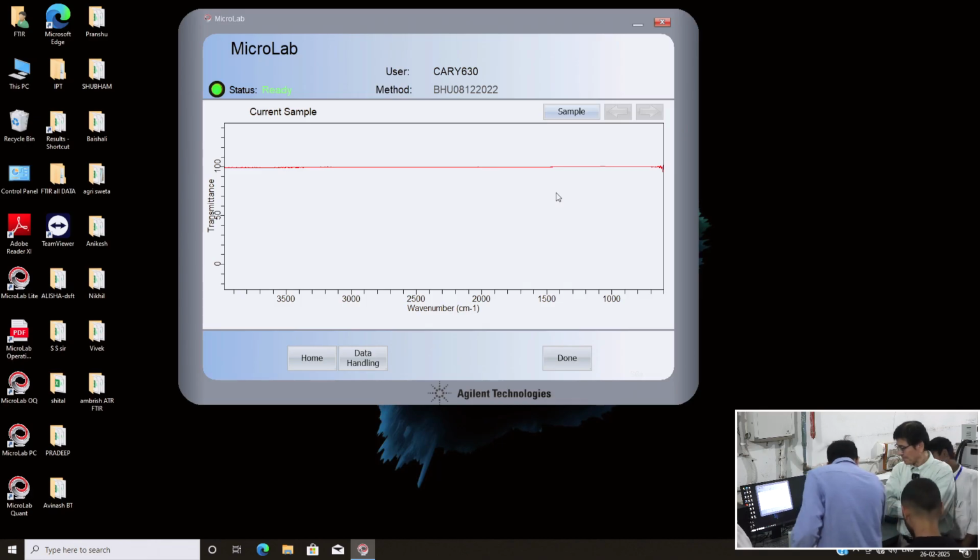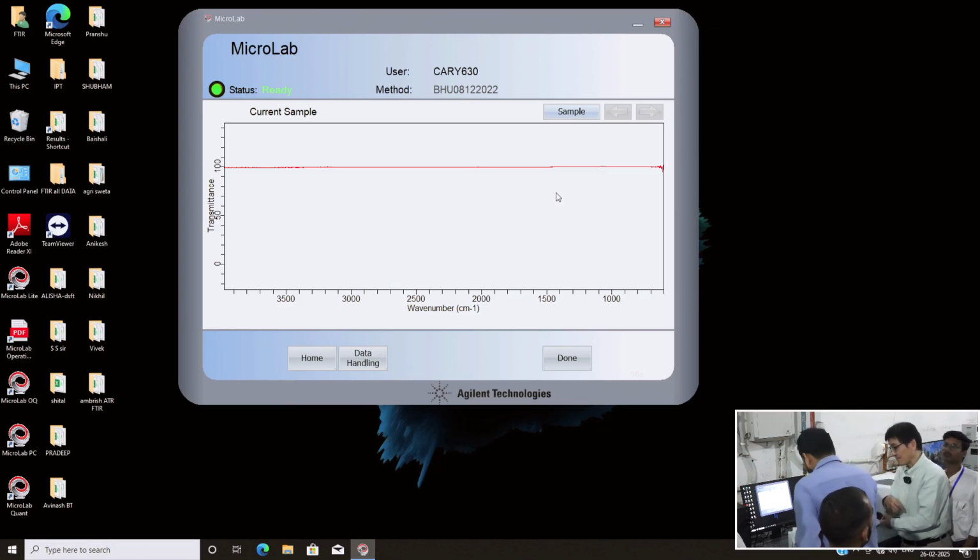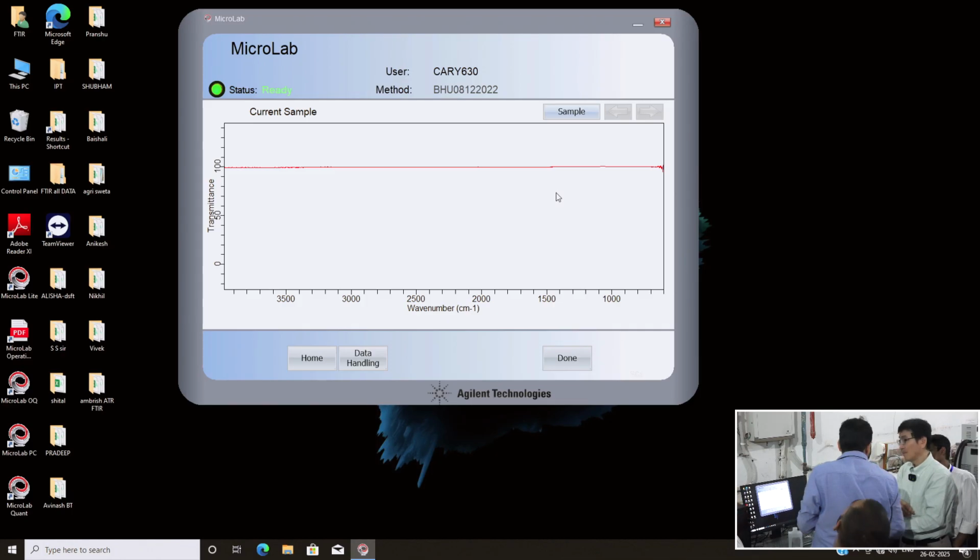We should clean this one also, the germanium crystal. We should keep the germanium crystal clean, and remove the soaking gently.